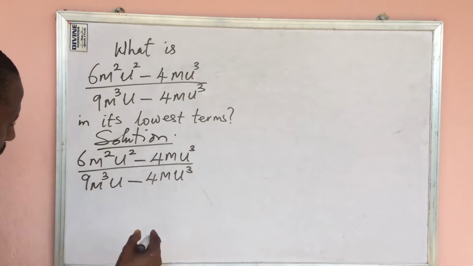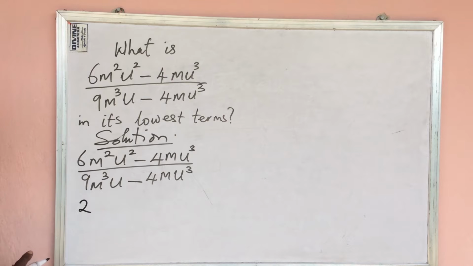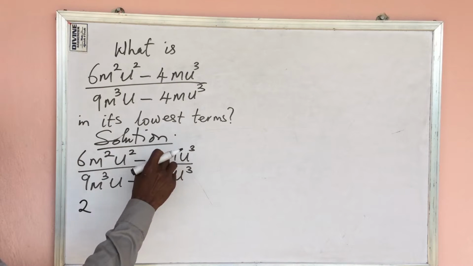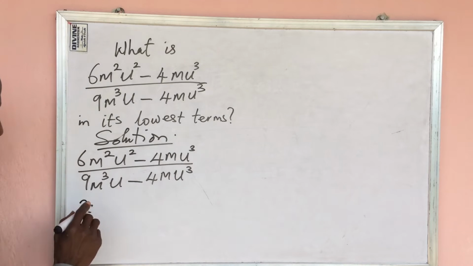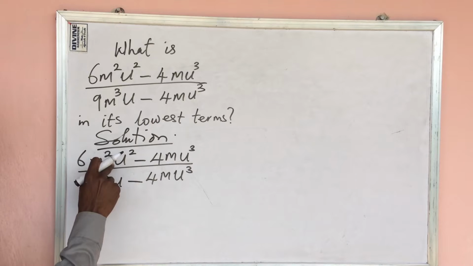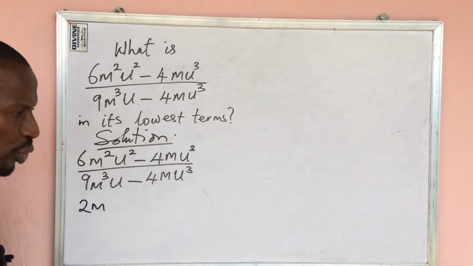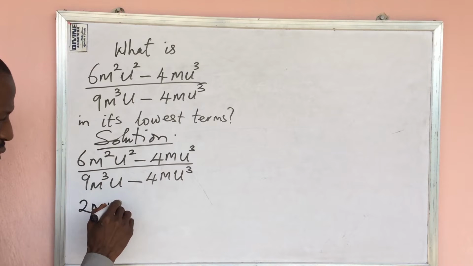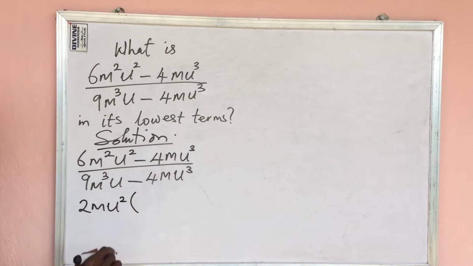From here, this will give us 2. We are having m squared here, but here we are having just one single m, so we bring out just one single m. Then we are having u squared and u cubed, so u squared can come out of here. So here will now give us 2mu squared, bracket.